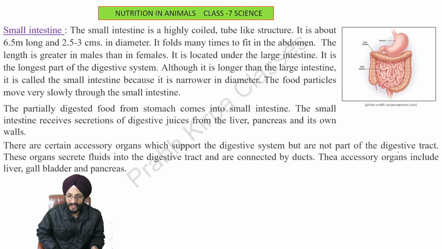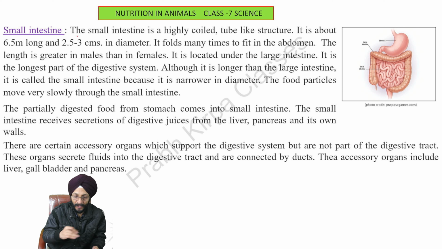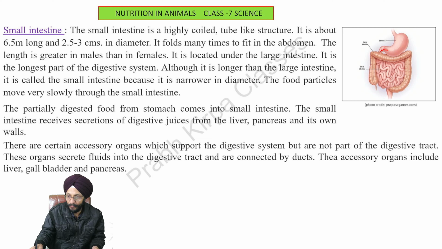Next, we cover the next part in the digestive tract, that is small intestine. It comes after stomach. The food from the stomach passes into the small intestine. This is small intestine, and the above portion is the large intestine.